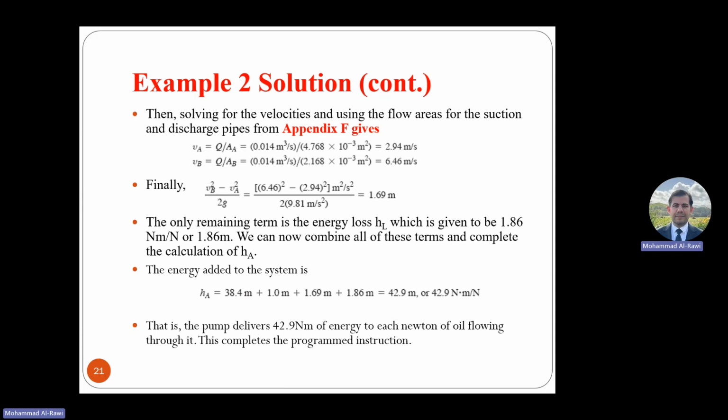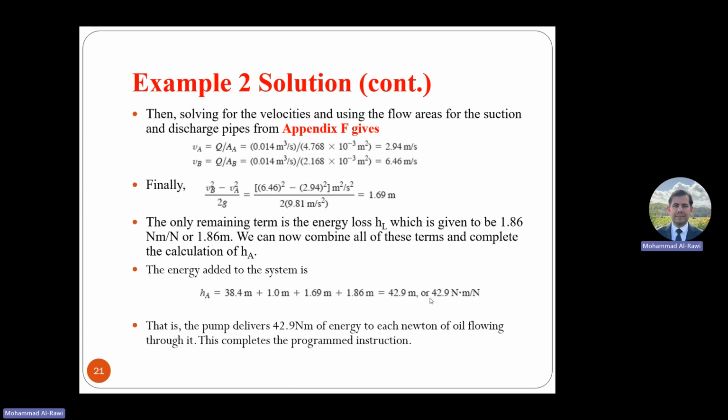Now we have converted everything to meters. So HA is 38.4, from the pressure difference divided by specific weight, plus 1 meter, which is the elevation head, and 1.69, which is the velocity head. And then you have the H losses, 1.86.